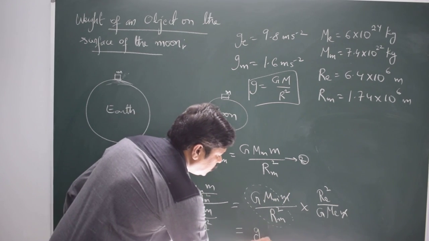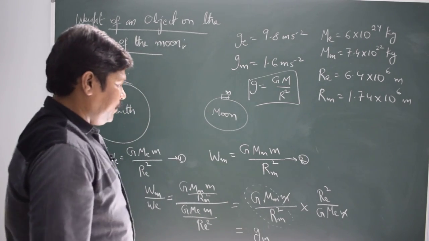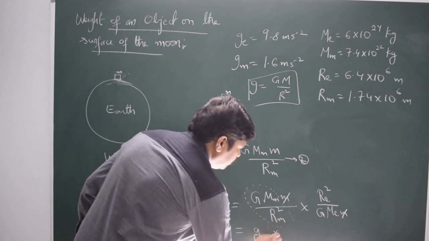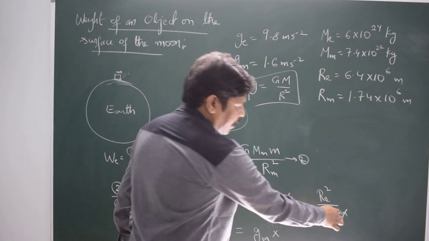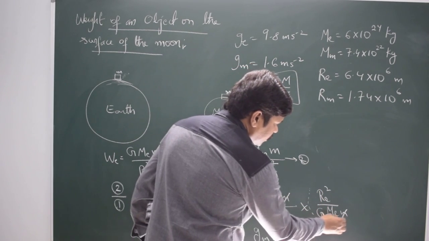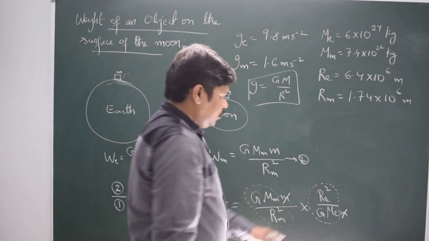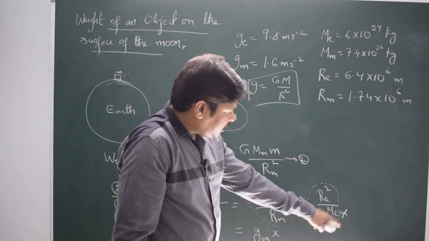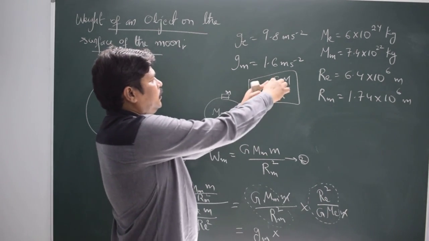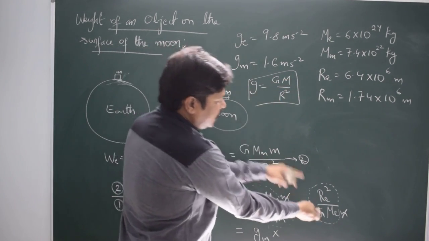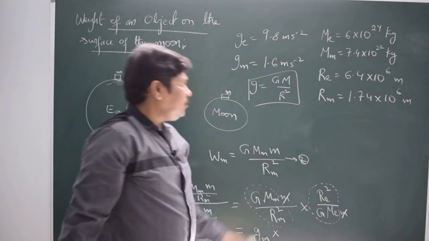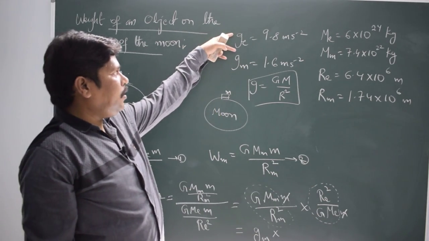So I can write it as G m into, now m is cancelled, so consider only this part: re square by G me. This is the inverse of the acceleration due to gravity of the earth.